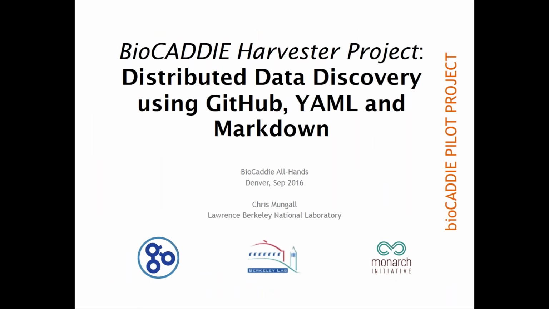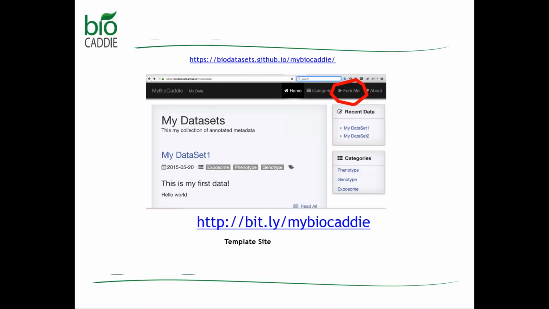So one of them is led by Chris Mongal from Lawrence Berkeley National Laboratory in collaboration with other programs displayed here. And Chris' goal is to use GitHub, YAML, and Markdown in order to make, as he puts it, making metadata annotation fun.